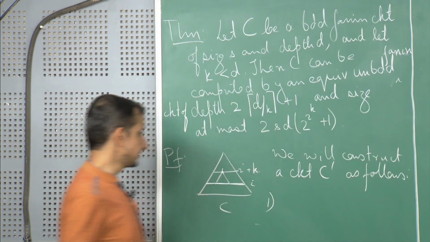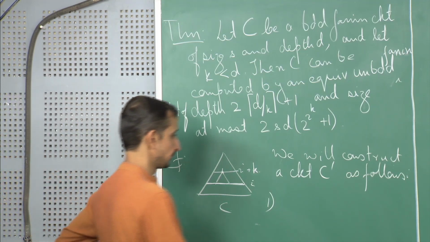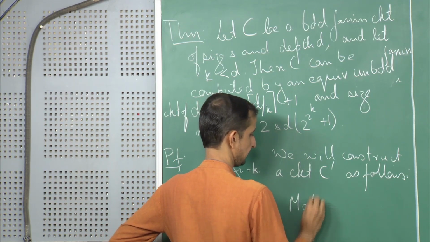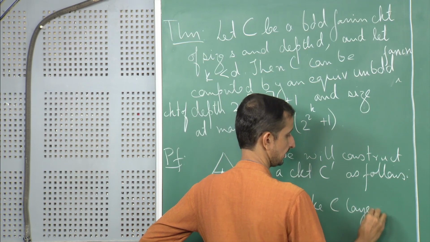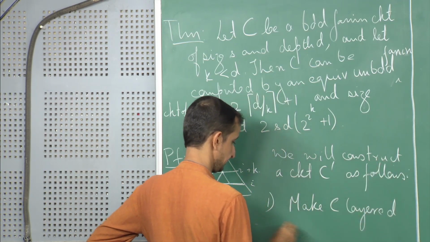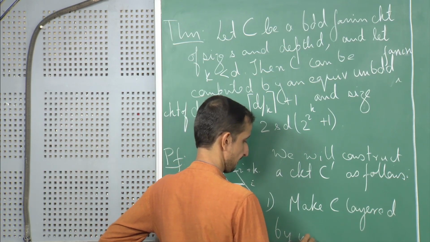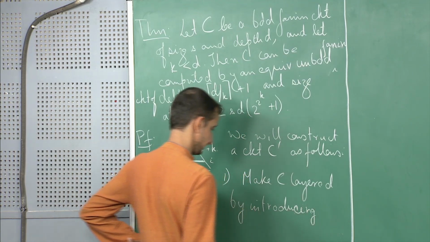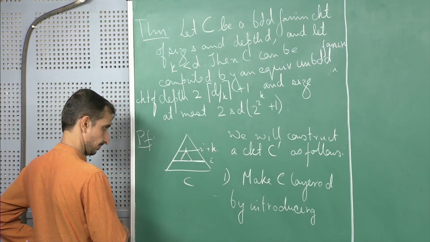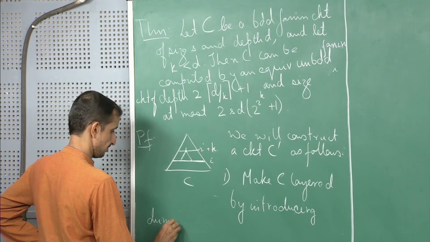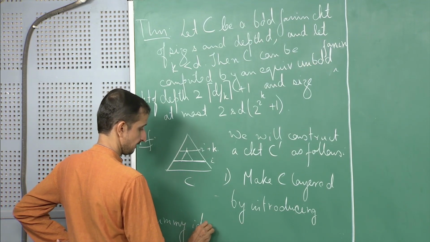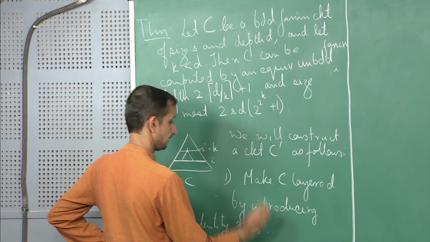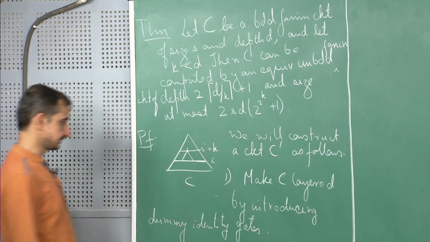The first step of the construction is to make sure that we can assume C is layered, by introducing dummy identity gates.